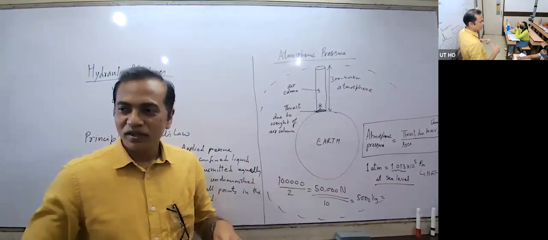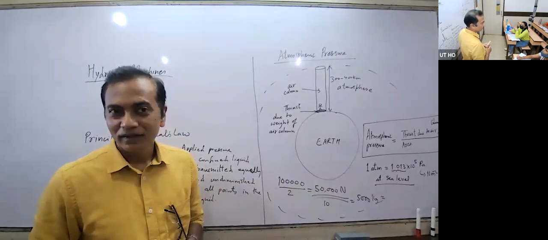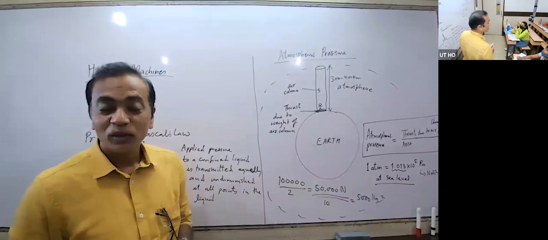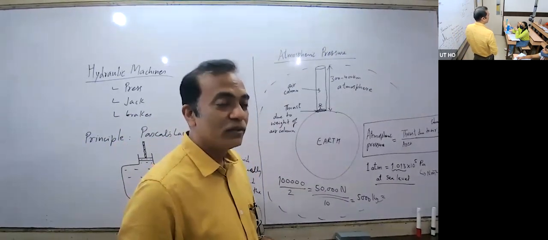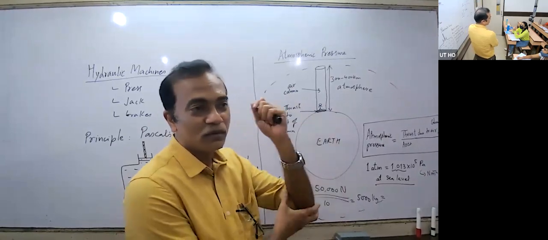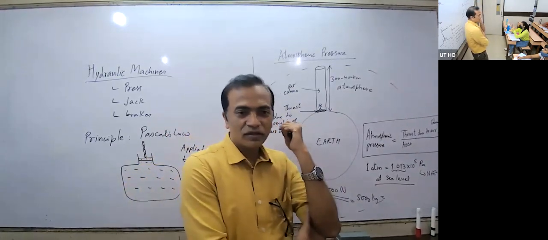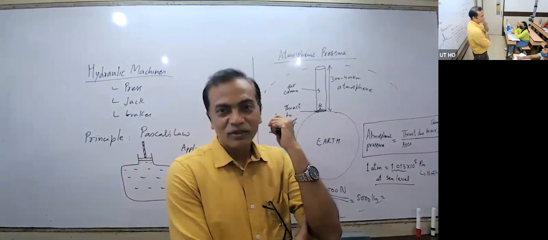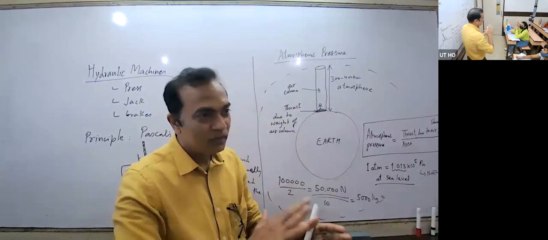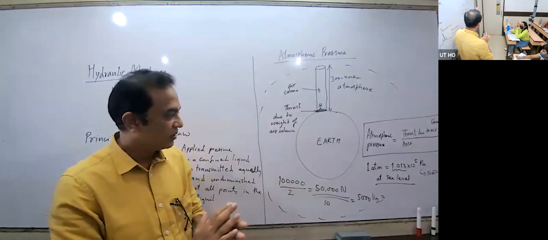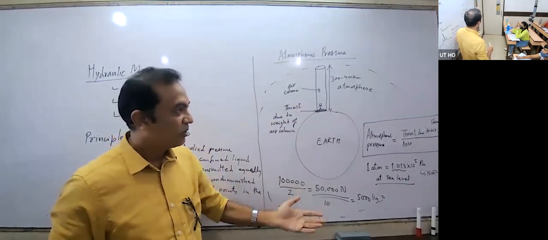So why are we not crushed? Because our blood is exerting pressure. Yeah, it is due to the blood pressure. So who is responsible for the blood pressure? The heart. Can you imagine how strong the heart is? If the heart was not pumping, we would not be able to survive.